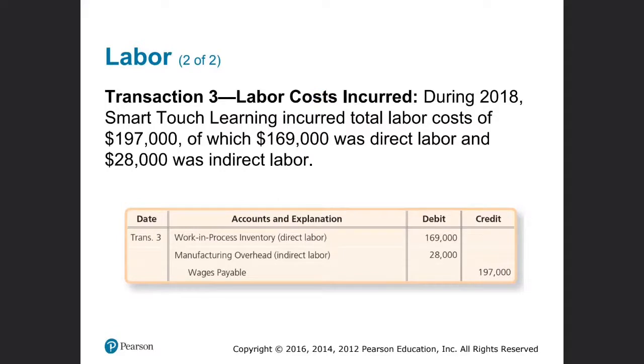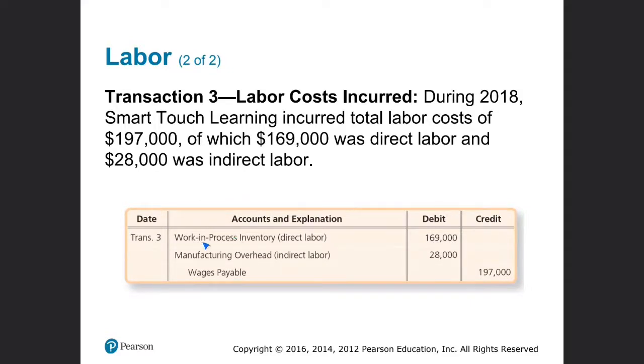Labor cost incurred: during 2018, Smart Touch Learning incurred total labor cost of $197,000, of which $169,000 was direct labor and $28,000 was indirect labor.